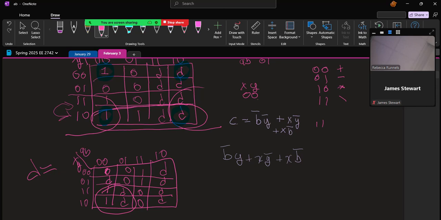And to get these ones, the best way is to do that. So this was what C equals. And what D equals is that top circle is A X bar plus the bottom circle is X bar A.